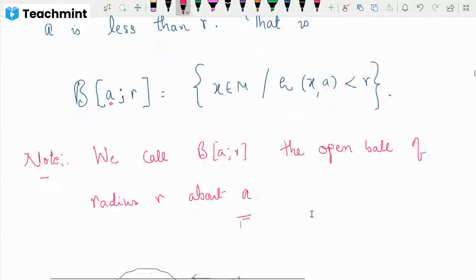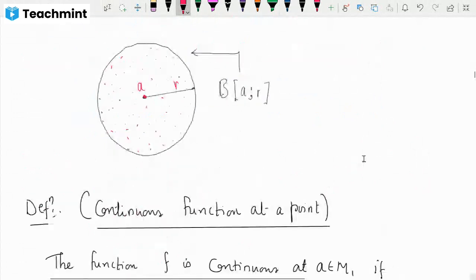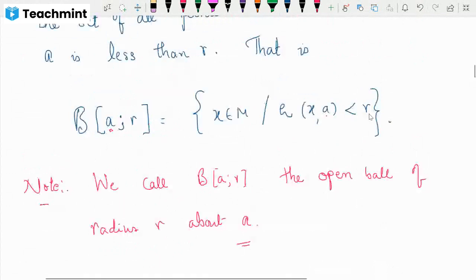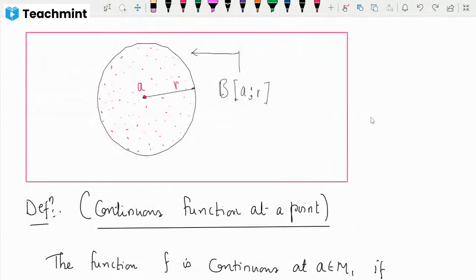Let's see how it looks geometrically. Consider the metric space M. What is the meaning of the open ball about a with radius r?